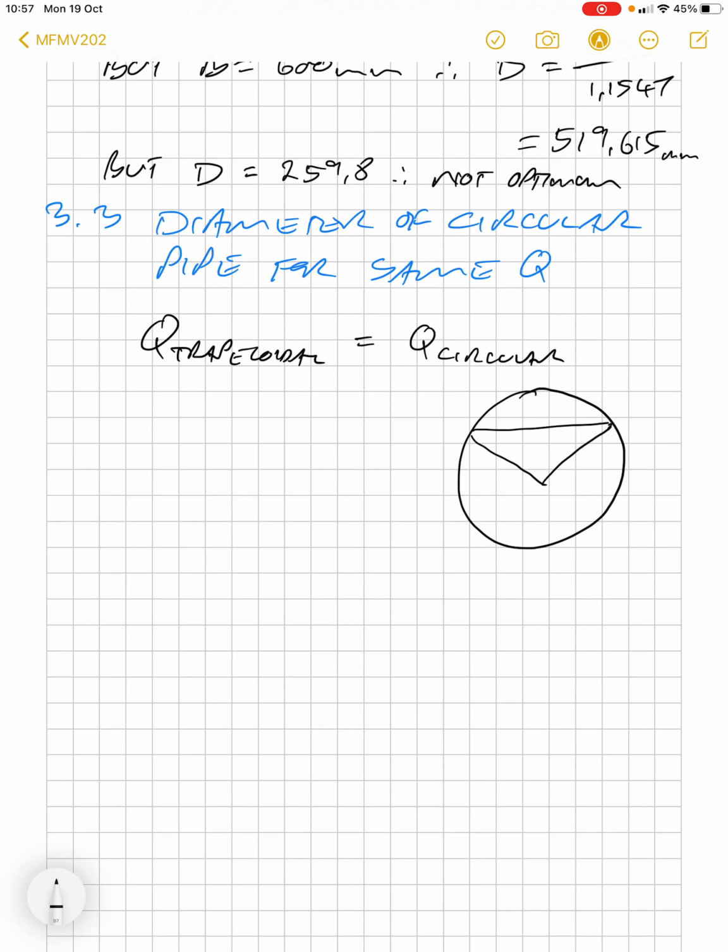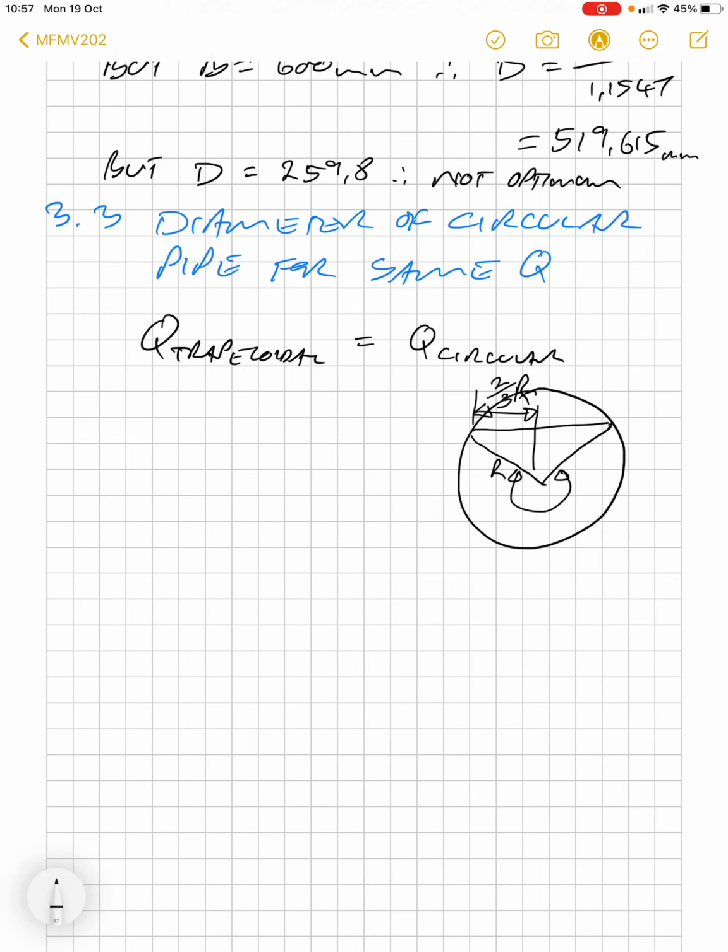So this is not an optimum condition. We know from what's given to us that this value is 2/3 of r.